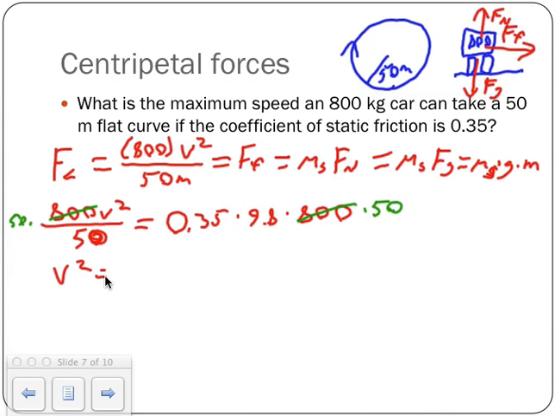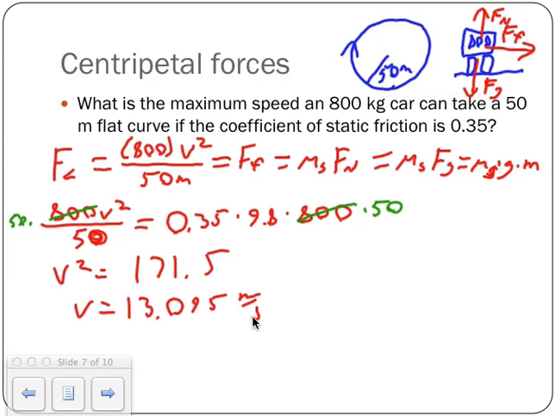And so 171.5. Okay, and so take the square root of that. And we get 13.095 for v. And that's going to have units of meters per second because we had everything else in kilograms, meters, and seconds.